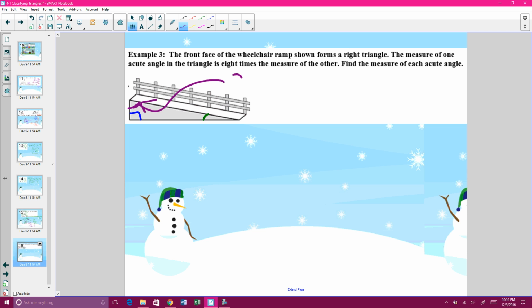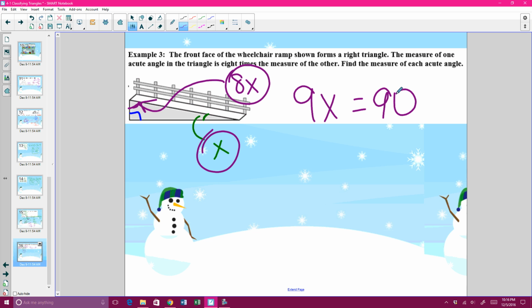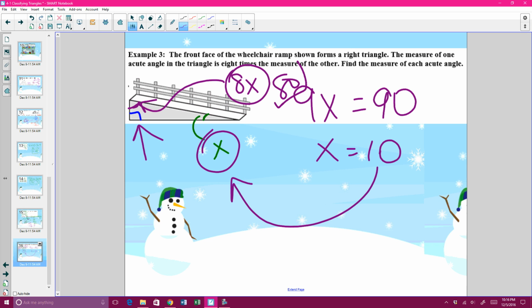This is 8 times the other angle, which I don't know the size of as well. So together, 8x plus x equals 90 degrees. You already have 90 here. You don't need to use the other 90. So x equals 10. And now the measure of each acute angle would be 10 degrees and 80 degrees.